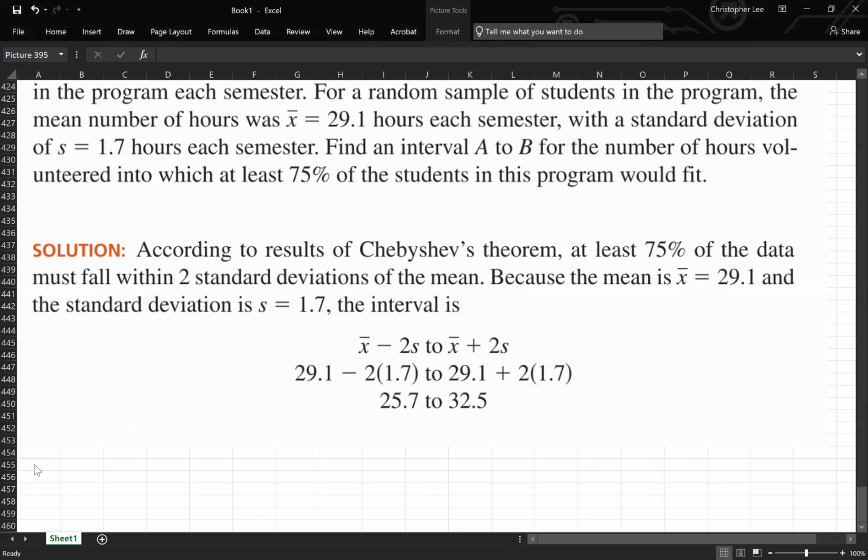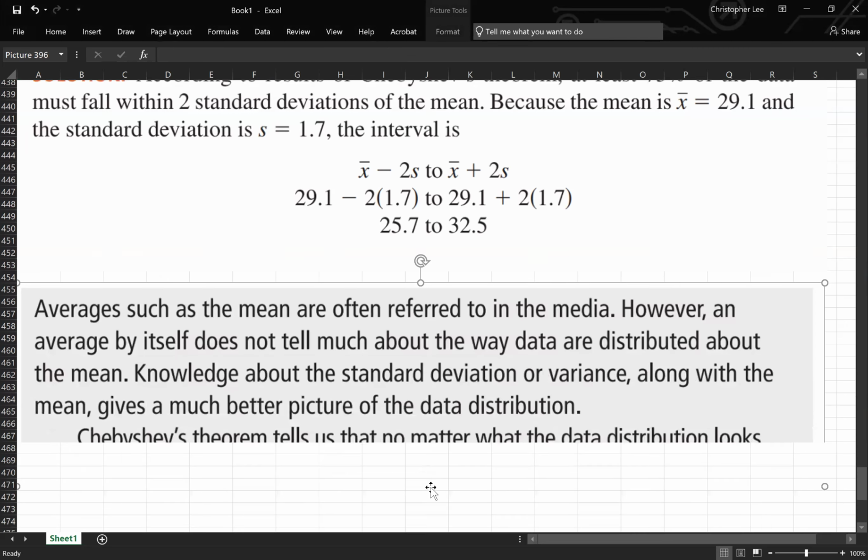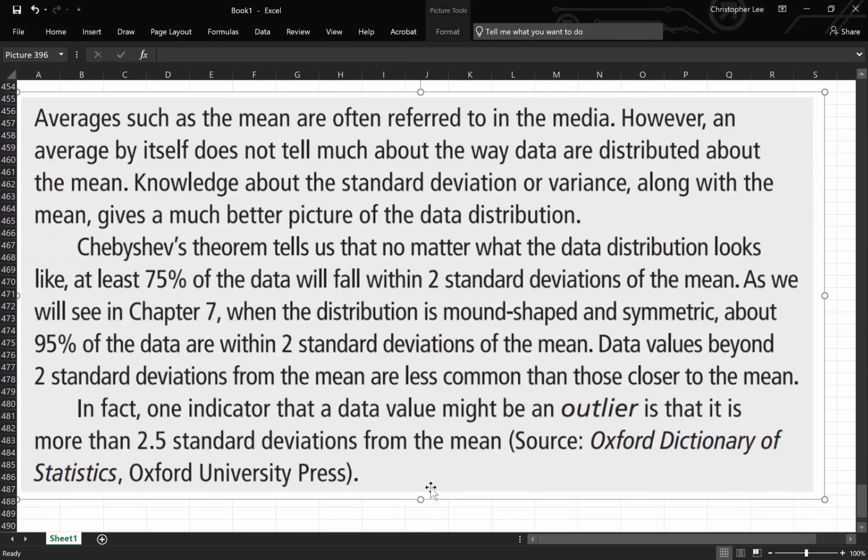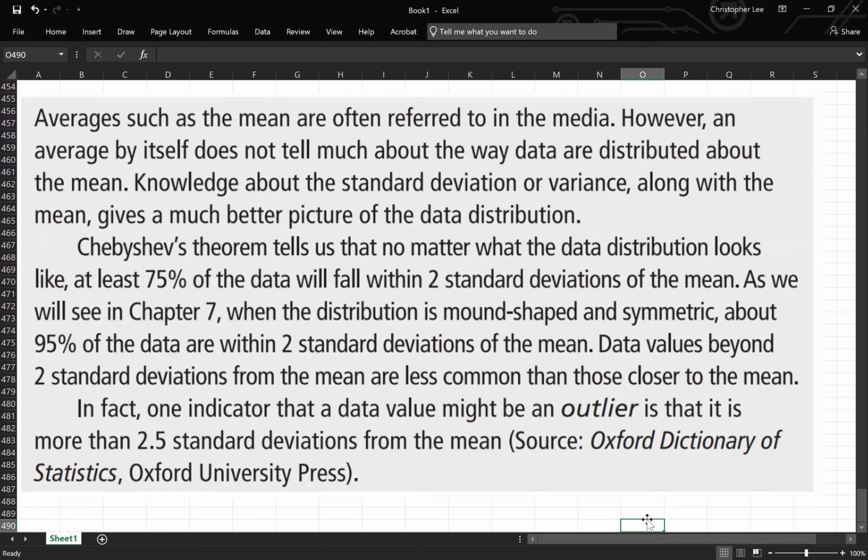It's a special note for after you get out of statistics. Averages, such as the mean, are often referred to in the media. However, an average by itself does not tell much about the way the data are distributed about the mean. Knowledge about the standard deviation or variance along with the mean gives a much better picture of the data distribution. Chebyshev's theorem tells us that no matter what the data distribution looks like, at least 75% of the data will fall within two standard deviations of the mean.